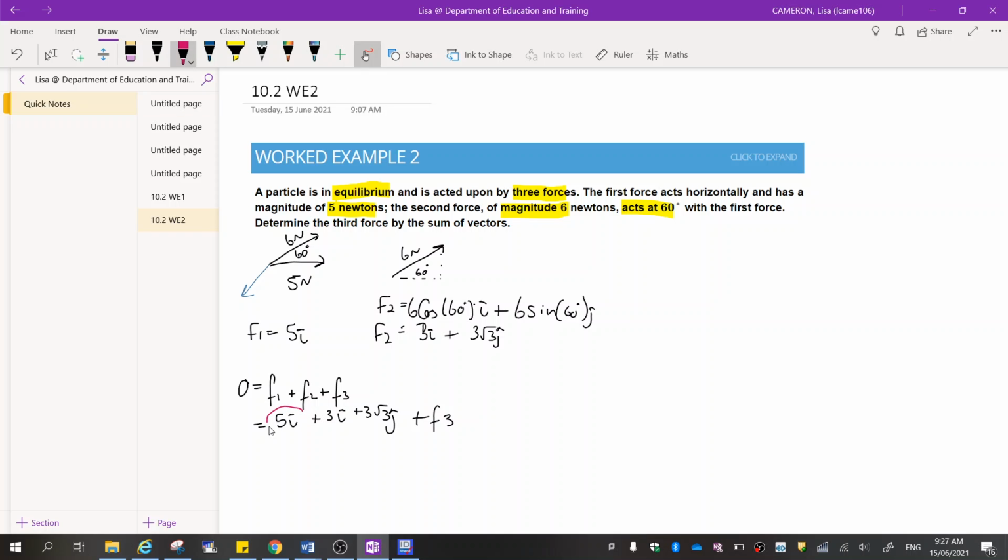First thing I'm going to do is group my like terms here. So that's 8i plus 3 root 3 j plus F3. And now I can take this one to the other side.